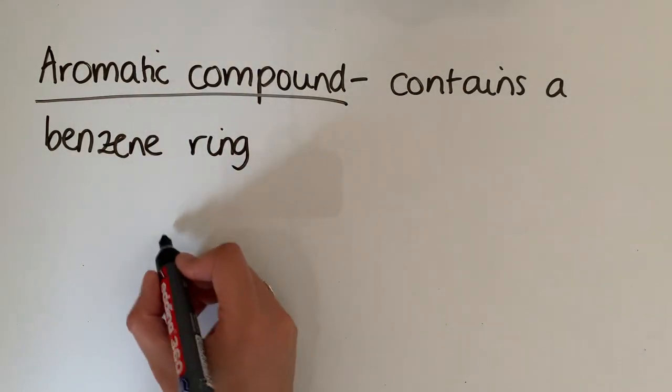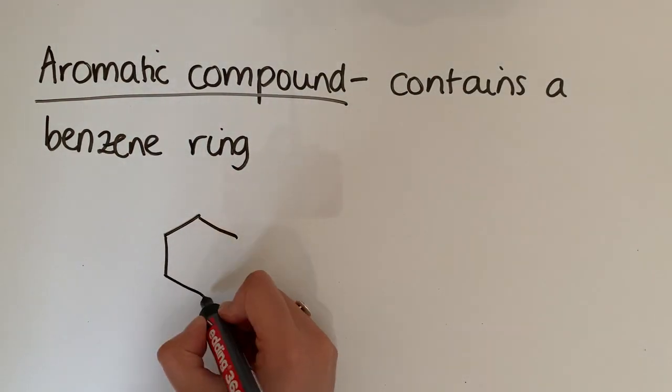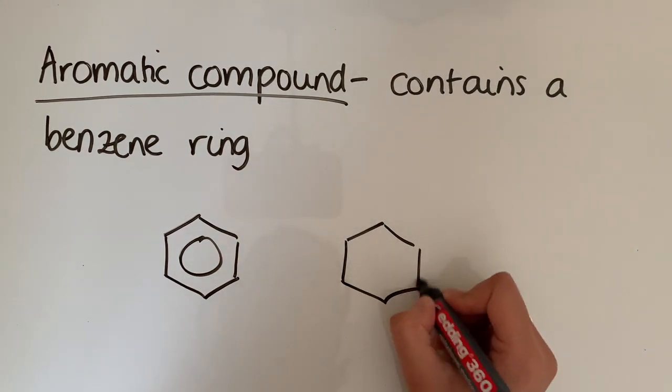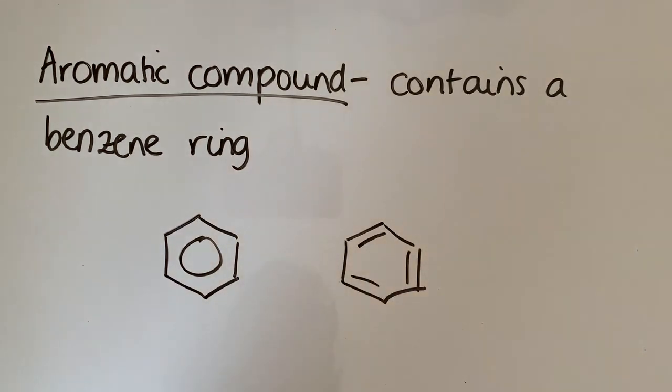And a benzene ring is either drawn like this or it's drawn like this. As I said, we'll cover this in second year. For now, just be aware that if you see a molecule that contains this sort of structure, that's classed as an aromatic compound. If you have an aromatic compound, it's then not classed as an aliphatic or alicyclic compound.